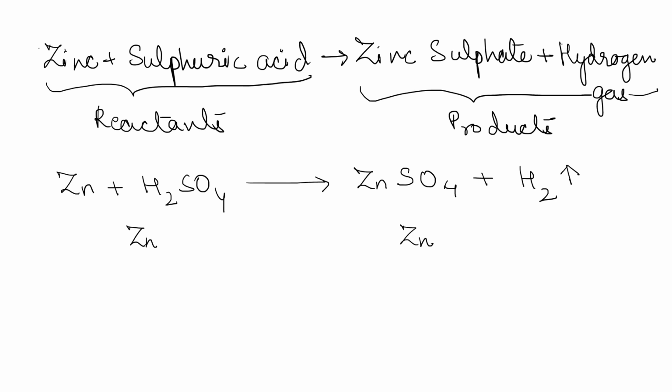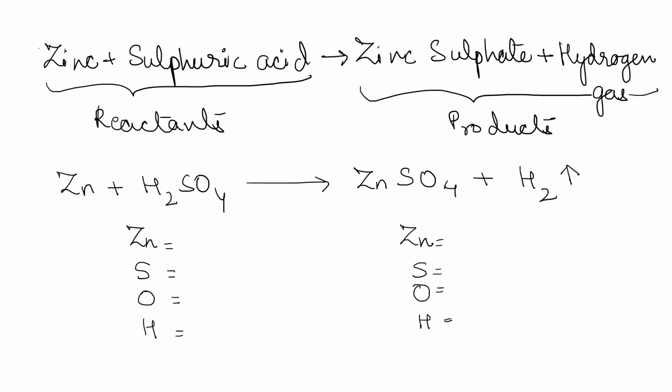Sulfur is the non-metal here, hydrogen and oxygen we will write later. Oxygen will come next, and then last is hydrogen. So always follow this order, children. Write metal first, then non-metal, followed by oxygen and hydrogen. This will make your work easier.